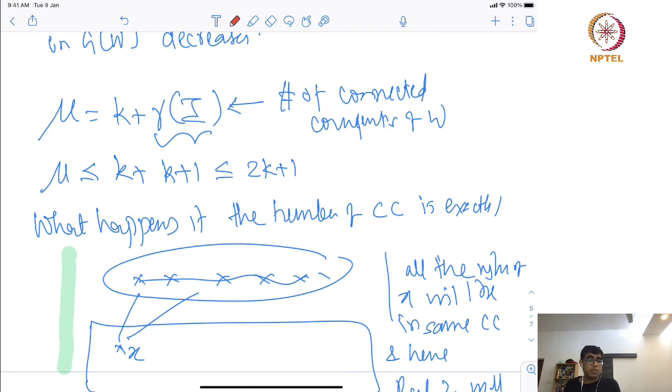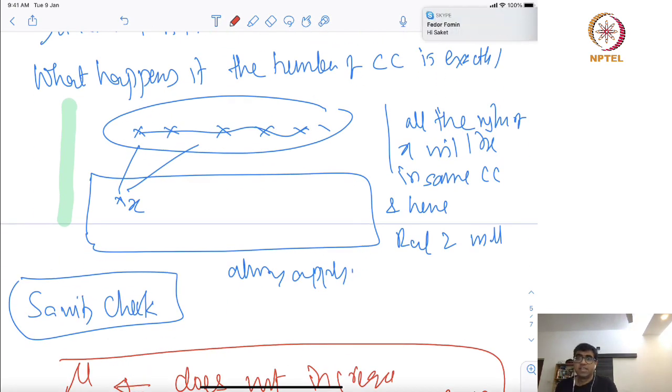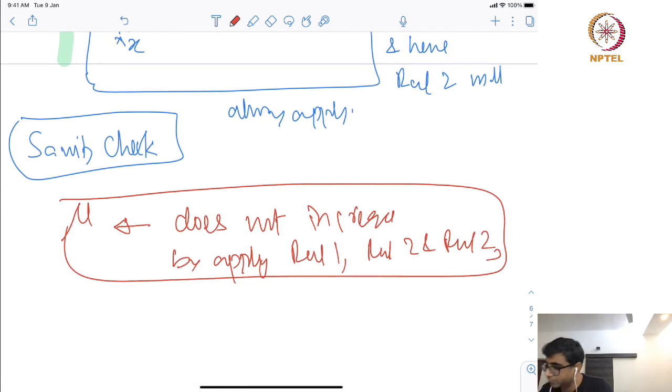By deleting a vertex in X, the number of connected components in W will not decrease. Similarly, if I look at the degree 2 vertex, the way we were making these edges, those also will not decrease the number of connected components in W, which implies that mu does not increase by applying reduction rules 1, 2 and 3.